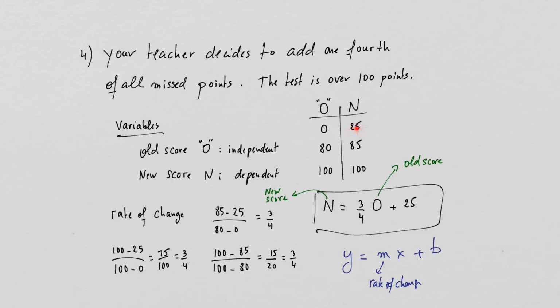That's your initial value, 25. This came from here. When x is 0, what is the y value? This is your initial value, called the y-intercept, called b, this b.